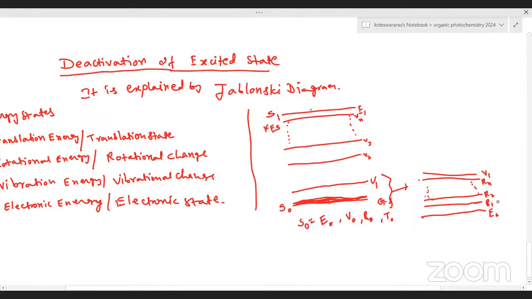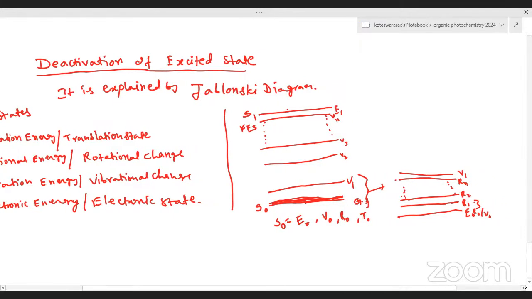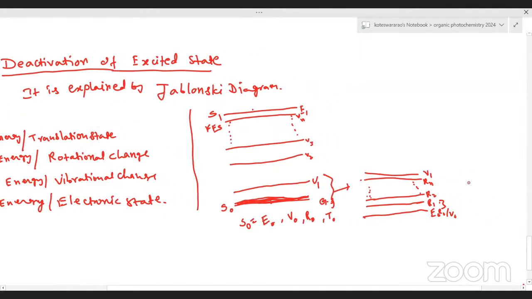Now, if you take these, E0, V0, R0, R1, I'm going to enlarge it, the rotational level, in between the rotational levels. This is the E0 or V0 or R0.